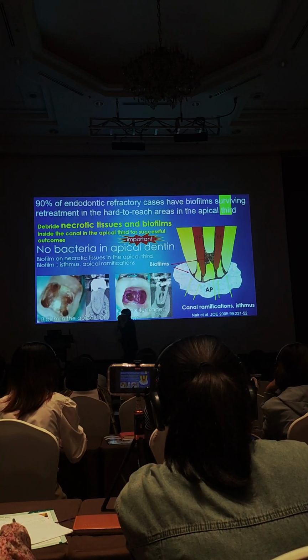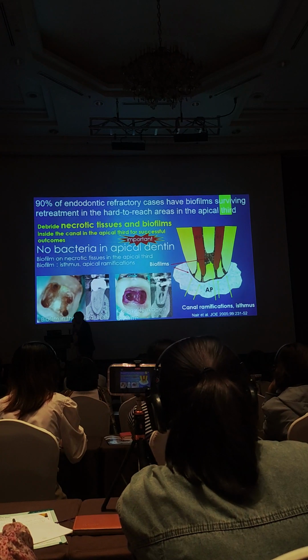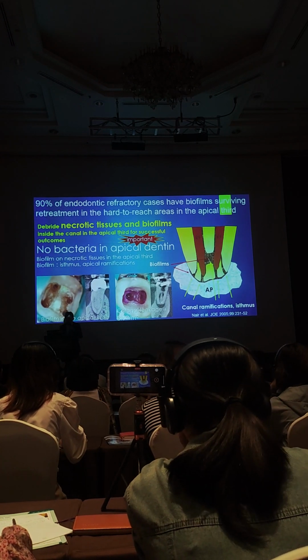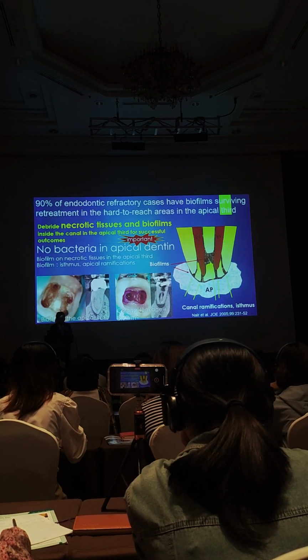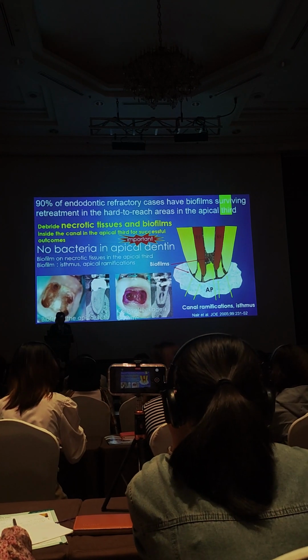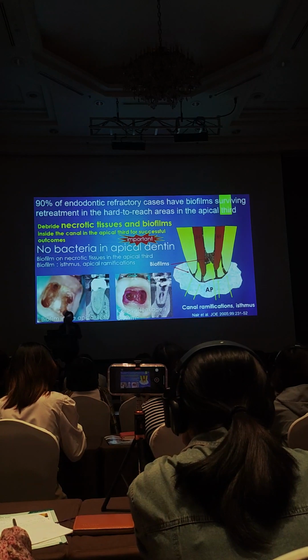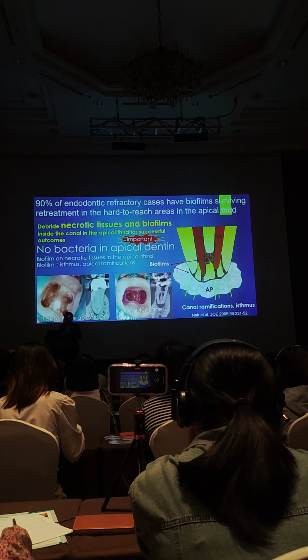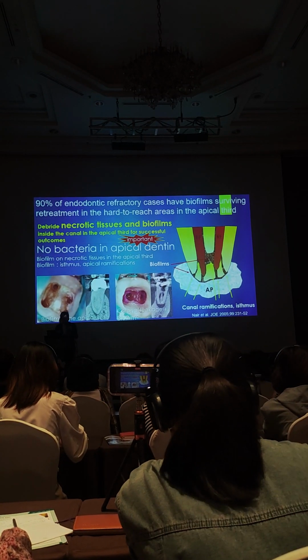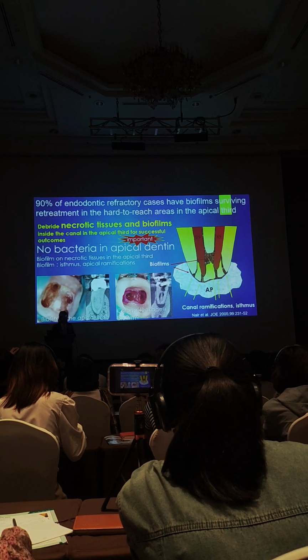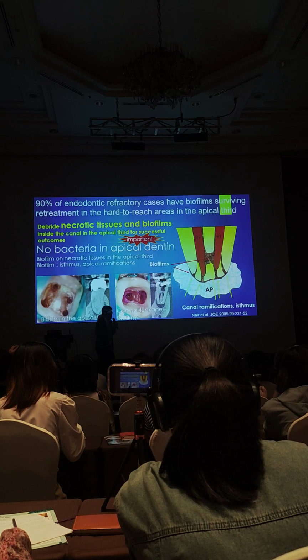So here, this is another study. 90% of endodontic refractory cases have biofilms surviving the retreatment in the hard-to-reach areas in the apical 1/3, including an isthmus or apical ramifications. So you have to be very, very careful when you do the retreatment.